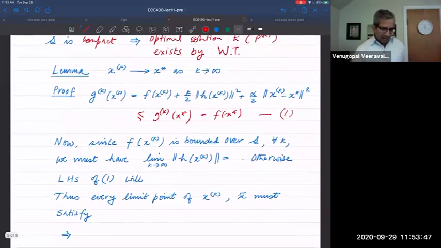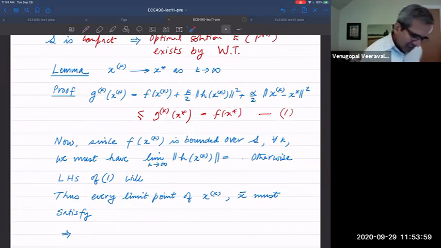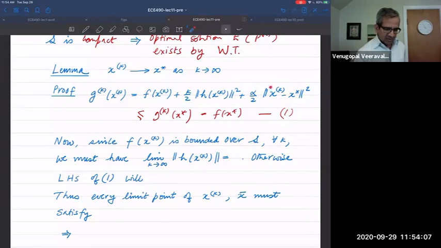Now, f of xk is bounded over the set S. It's a well-behaved function over this compact set S. So as k goes to infinity, this is going to remain bounded, and this is, of course, also going to remain bounded. The left-hand side is also bounded.